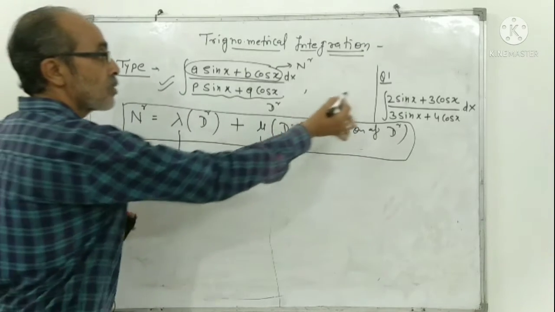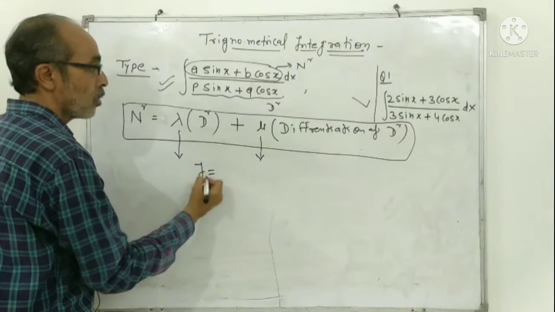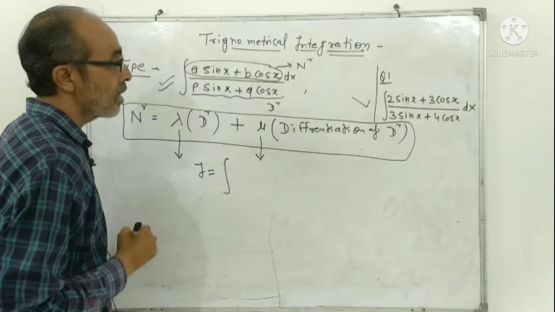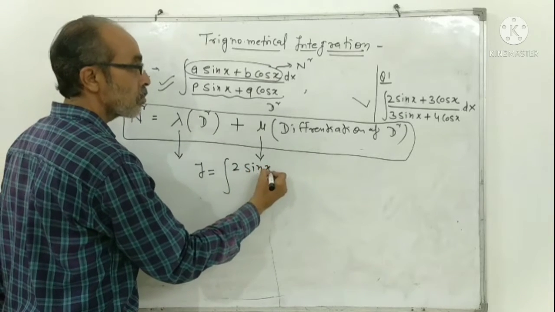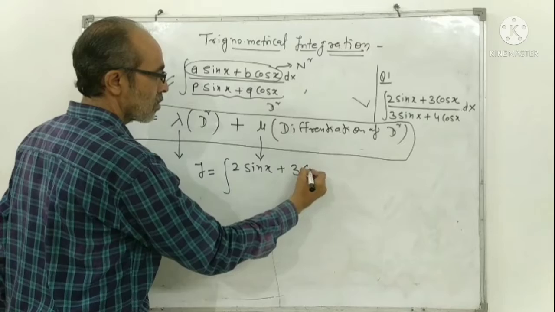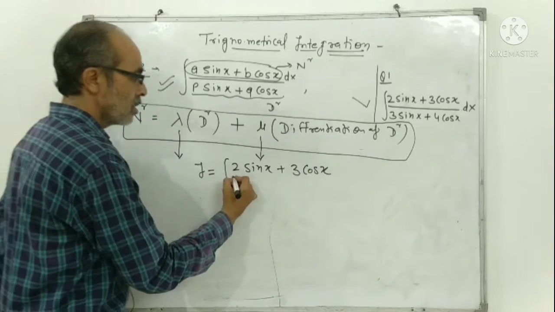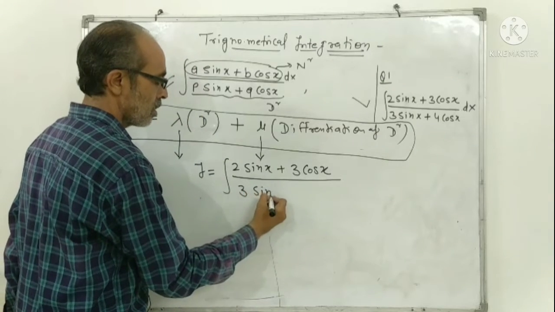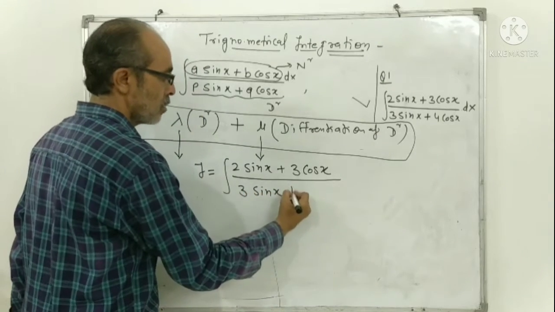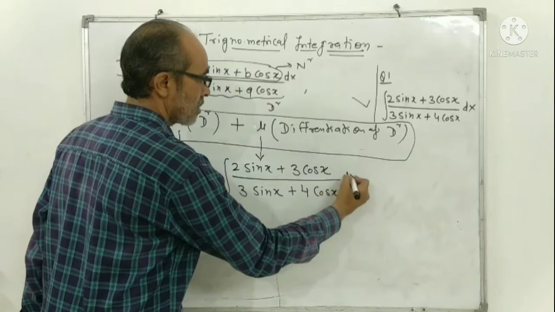So I solve this question. Our integration I is equal to the integral of (2 sin x + 3 cos x) divided by (3 sin x + 4 cos x) dx.